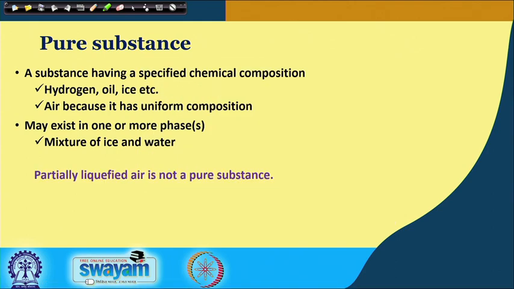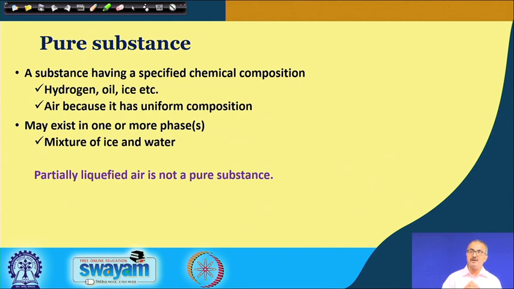Okay. Now, one thing you should understand is that partially liquefied air is not a pure substance. Why? Because when you are liquefying the air partially, the whole of the air is not going to the liquid phase together. Those components in the air which are less volatile go more into the liquid phase, whereas the more volatile component stays more in the vapor phase.